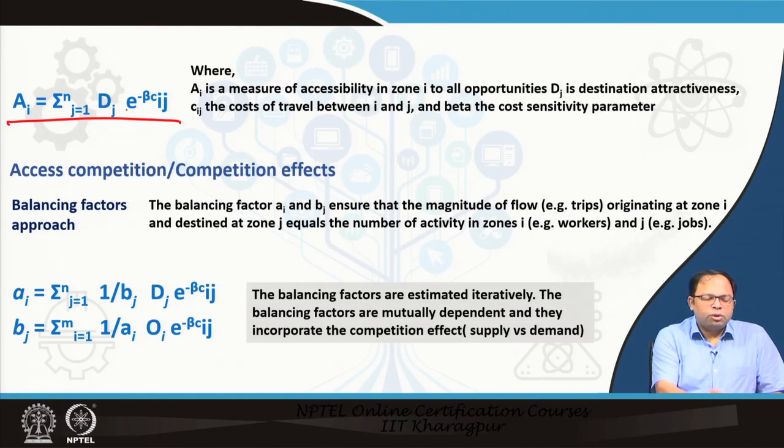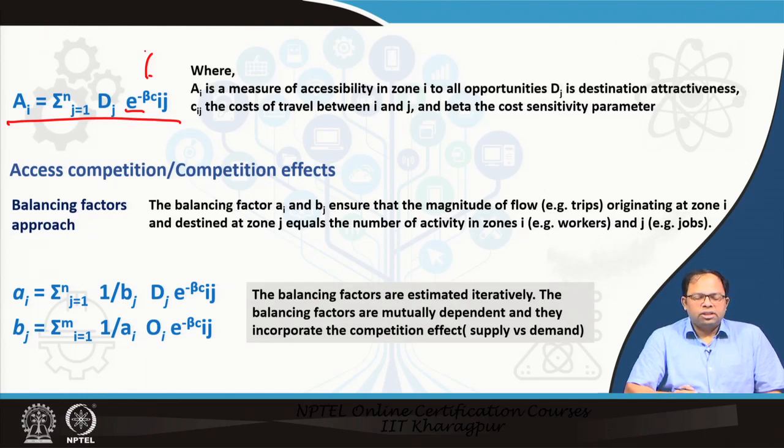We have used the exponential function, so e to the power minus beta Cij. Beta is the calibration parameter; we need to calibrate this beta value based on actual data. Cij is the cost of travel between i and j, so it is the impedance function, and Dj is the number of opportunities in all the destinations that are there, with j equal to 1 to n, that means all zones which are accessible from this zone i. So this is the basic form of the gravity model.